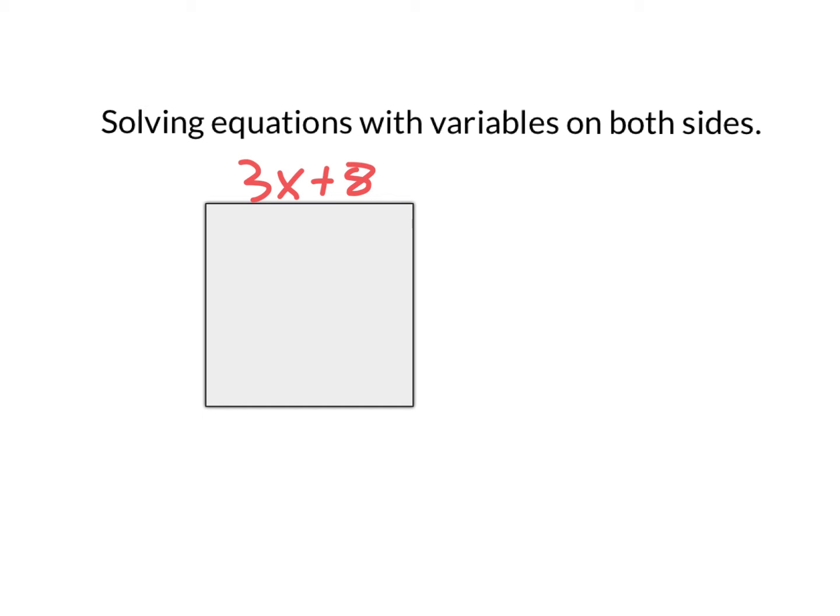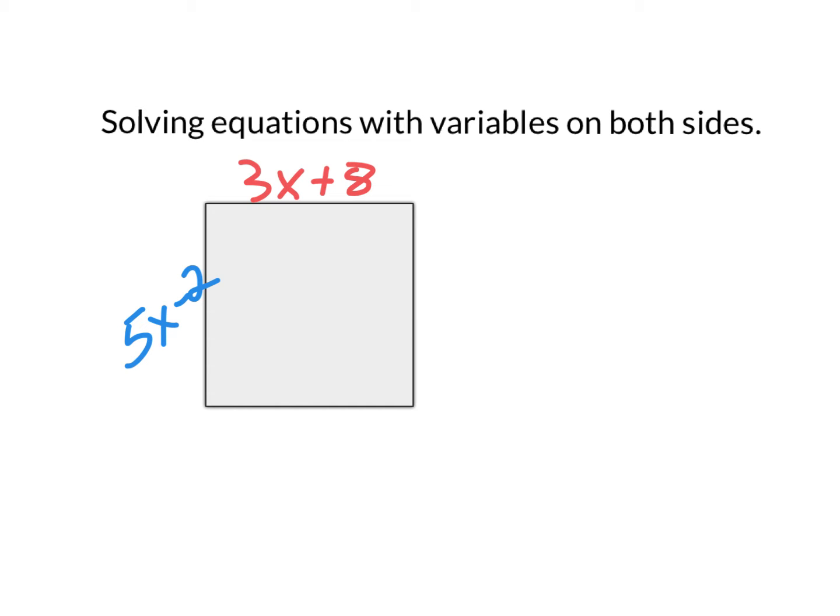All right, and let's say the other side is represented by 5x minus 2. All right, well, if we know that these side lengths are the same, then we know that this expression is equal to this expression.